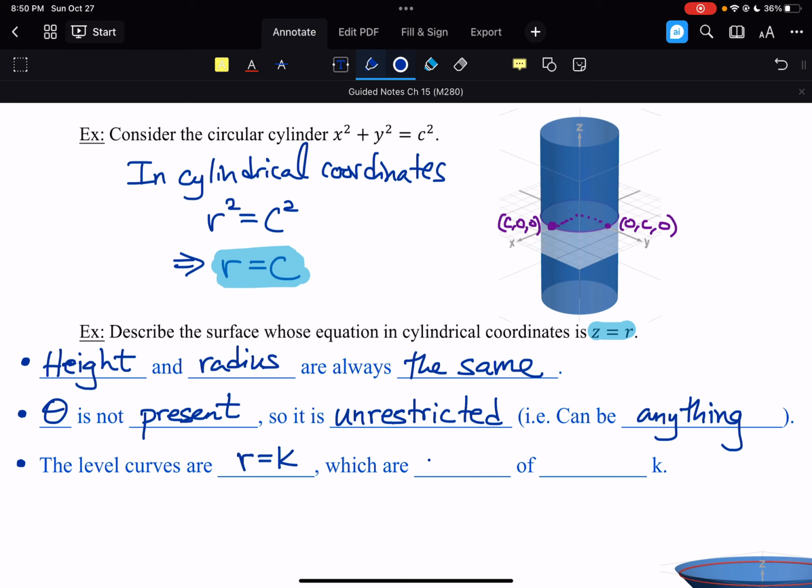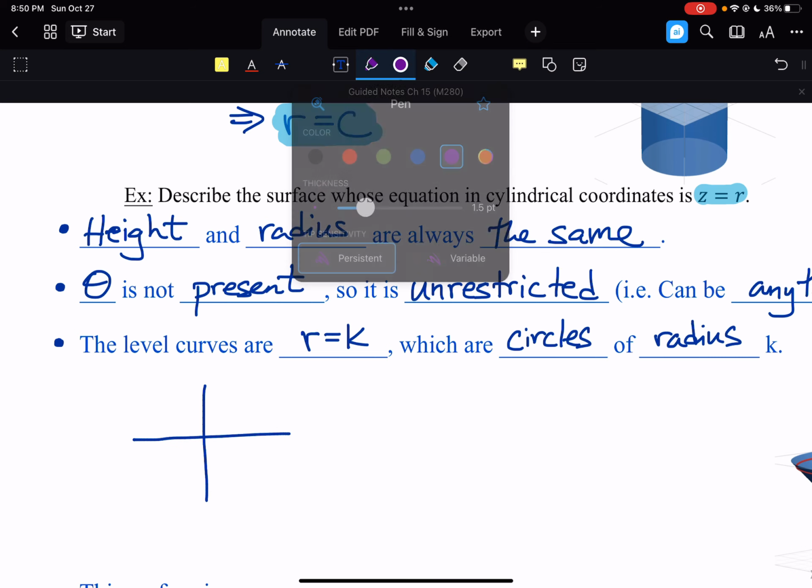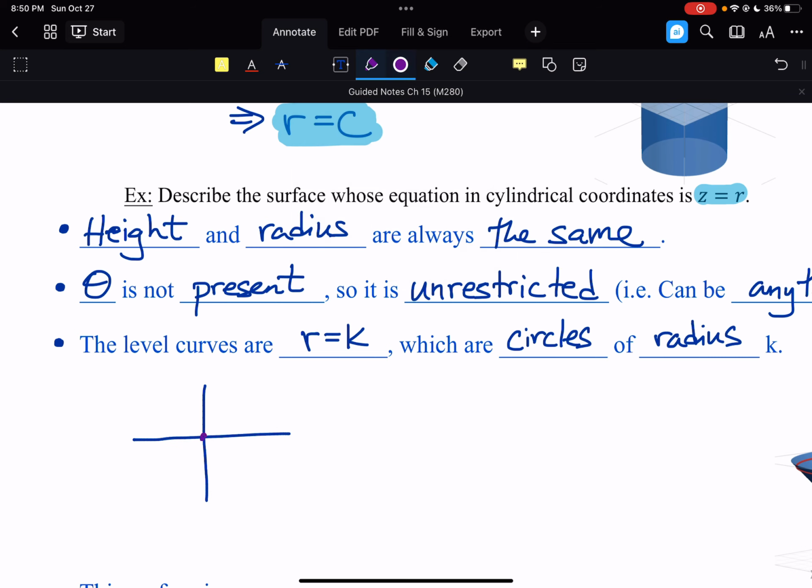And r equals k are circles of radius k. So we would have, right, if k is 0, then r is 0. If k is 1, r is 1. If k is 2, r is 2. And then et cetera, et cetera. So we just get concentric circles all centered around the origin.